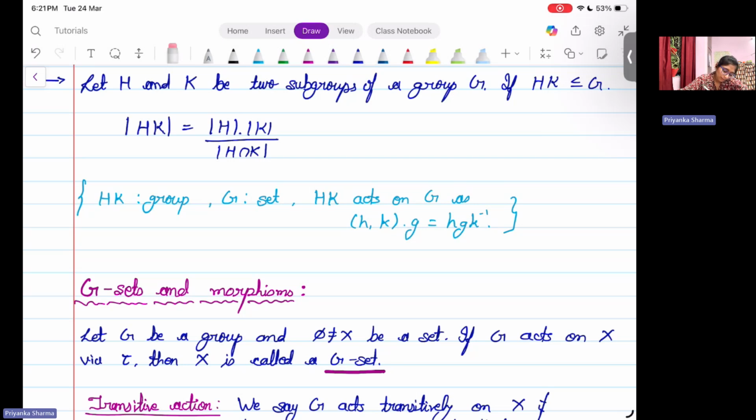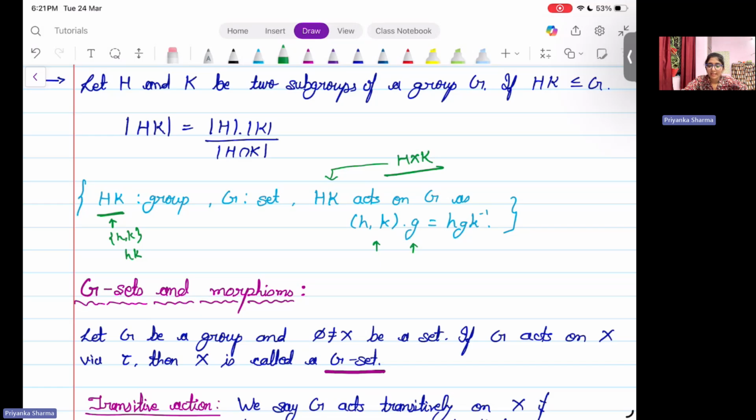So to define a group action, we need some group element here and here we need some element of the given set. So HK is the group whose elements are of the form HK, or like H cross K directly. Okay, so that's why we are using this notation.